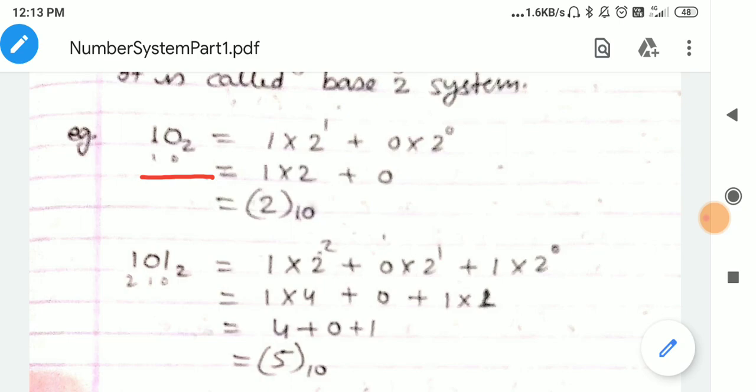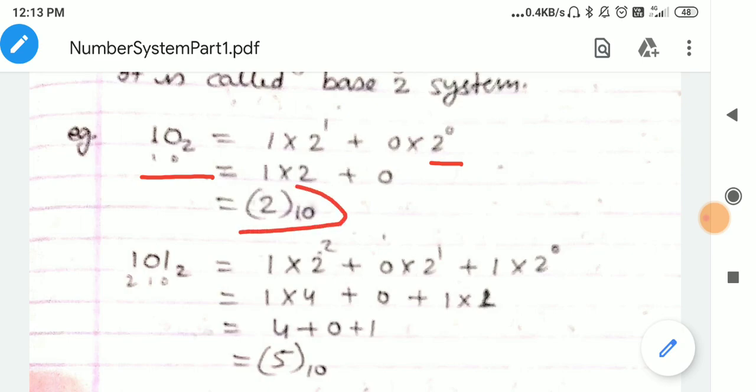Again 0 is the digit present in the number itself, and it is multiplied by 2 to the power 0, where 2 is the base and 0 is the position of that particular digit. After solving it, you can see that 1 into 2 plus 0 multiplied by 2 to the power 0 becomes 0, and the result is 2.